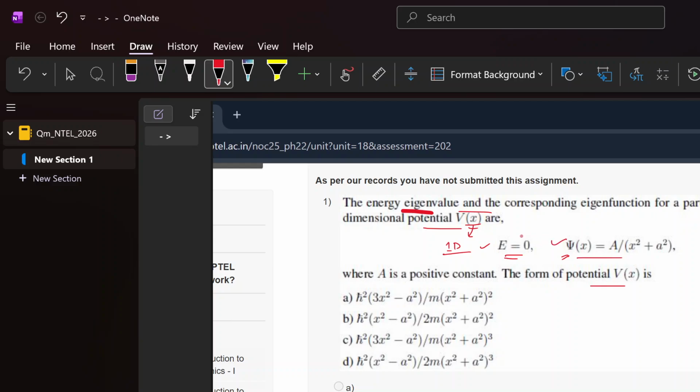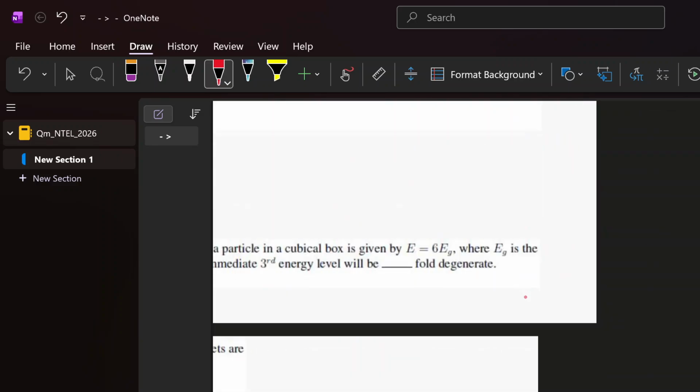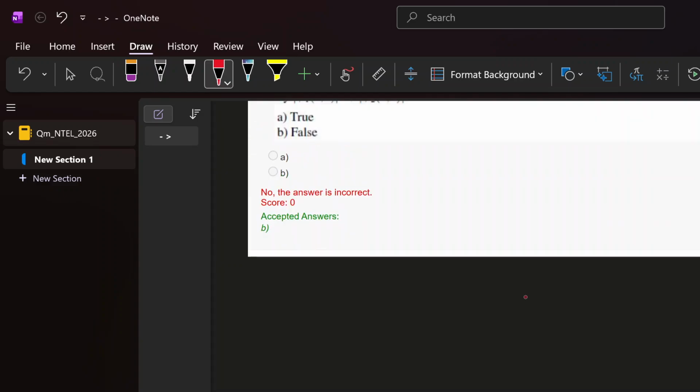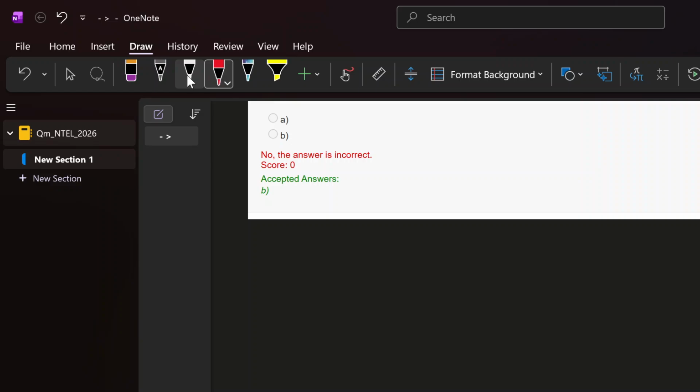So the basic idea should be clear: whenever you are given this kind of problem, you go straight to the Schrodinger equation, because there you have the Hamiltonian, the eigenvalue and eigenfunction, and the potential as well. So we'll be doing that. Now let me go to a blank page and start doing this.